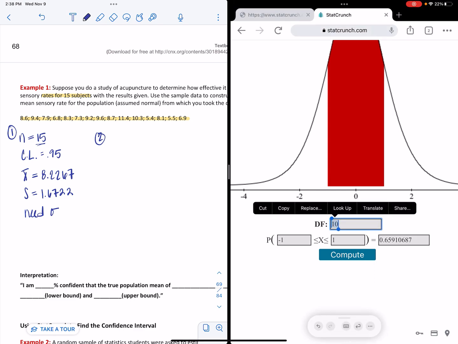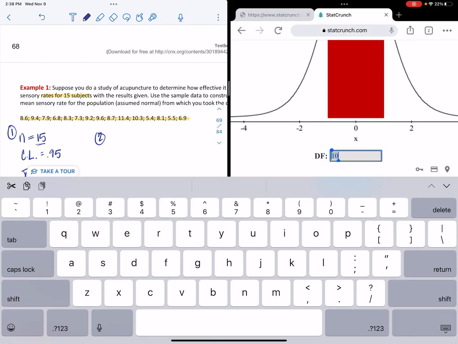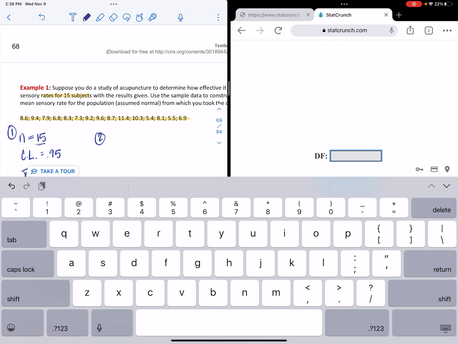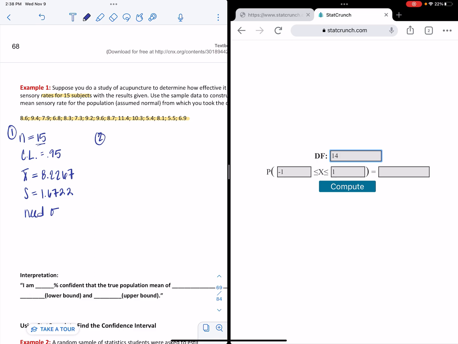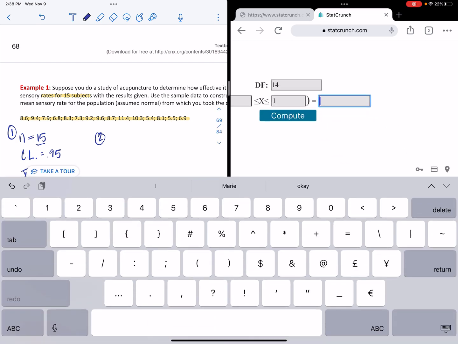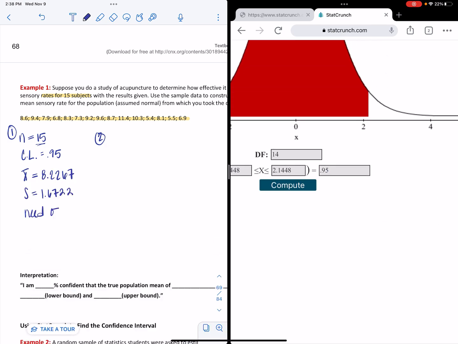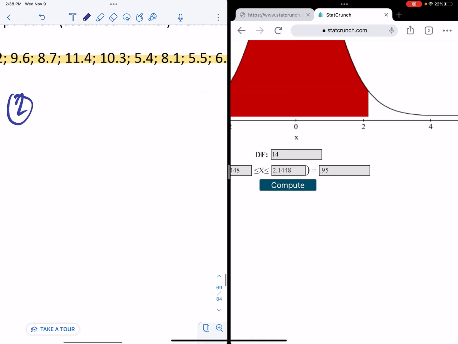Degrees of freedom is n minus 1, so 15 minus 1 would be 14 for degrees of freedom. I want a 95% confidence level. So I know that critical value is 2.1448.